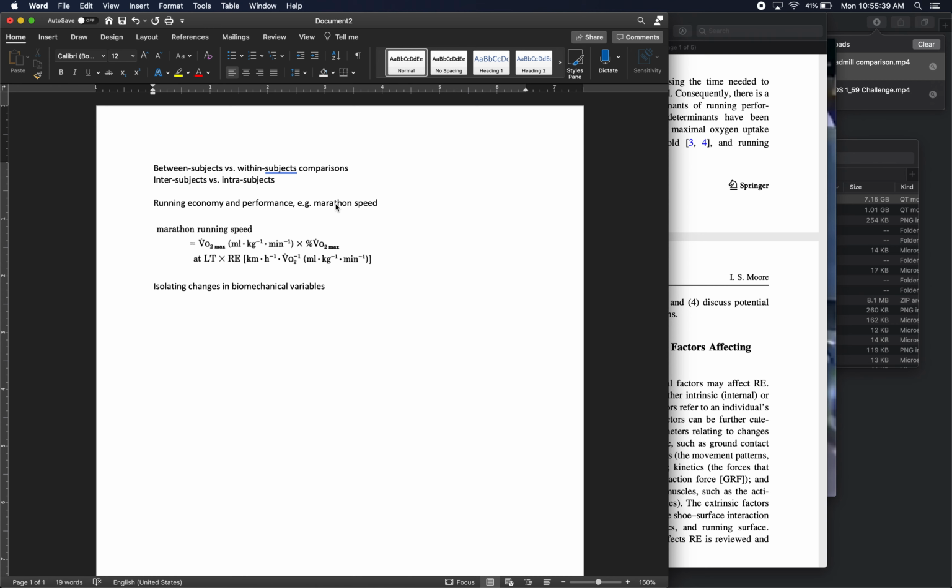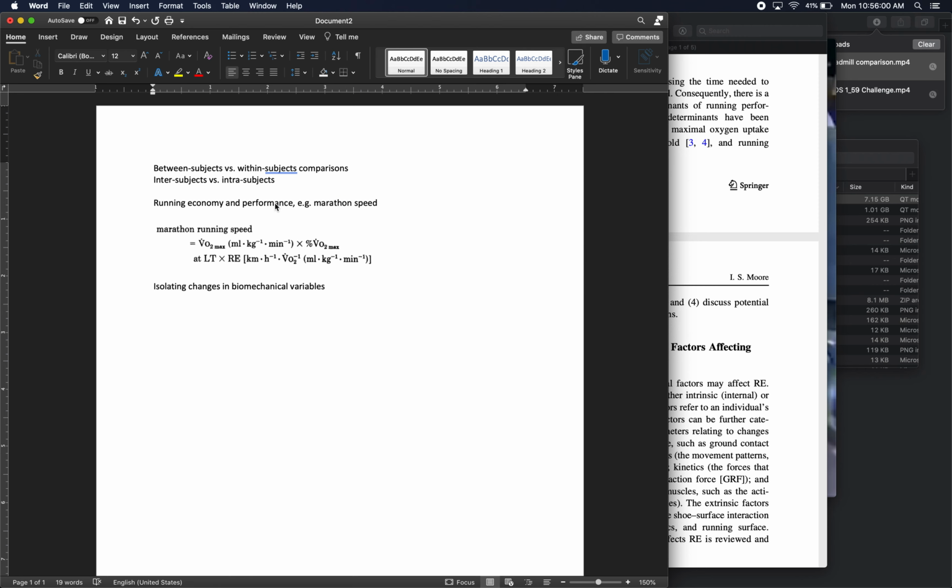To my knowledge, the vast majority of data on that topic, on differences between running economy and running race performance, is between subject data, where people who are more economical runners tend to be faster marathon runners, faster 10K runners, whatever, faster runners in general.